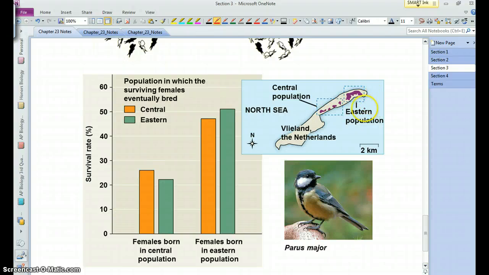And what they think is going on, but you can see that if you take females that are essentially from the central population and put them in the east, they do relatively well.